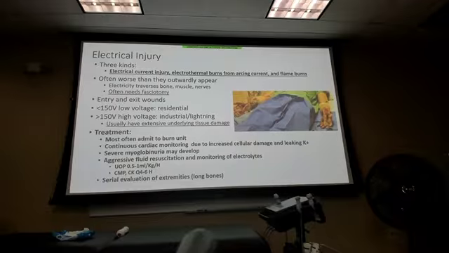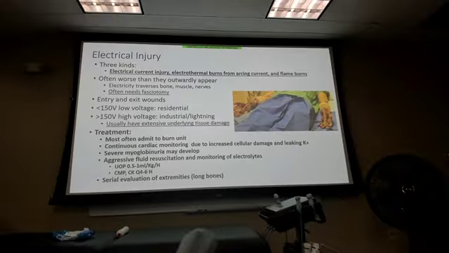It's really the internal path of that electrical current that we need to worry about, because electricity will traverse bone, muscle, nerves. So you'll see this is a really bad hand burn. But between this, what we call entrance and exit wound, between the one hand, all of the internal structures to the other hand is a potential for injury.